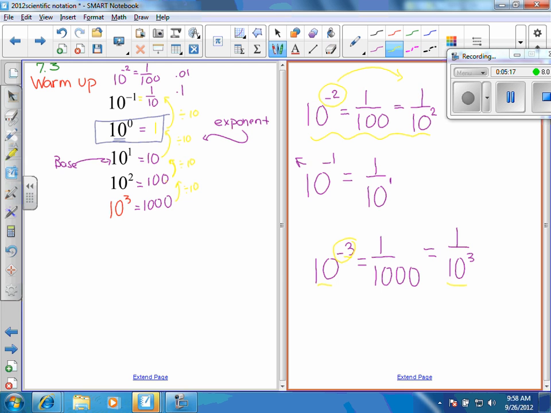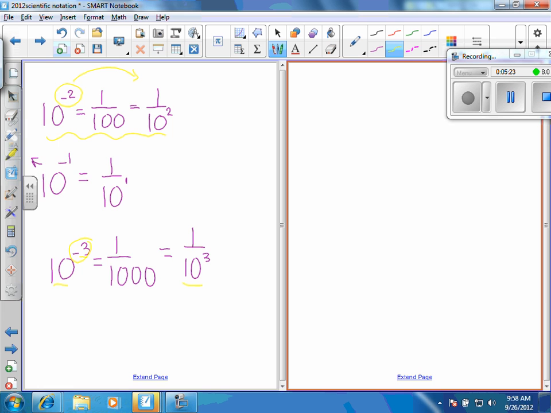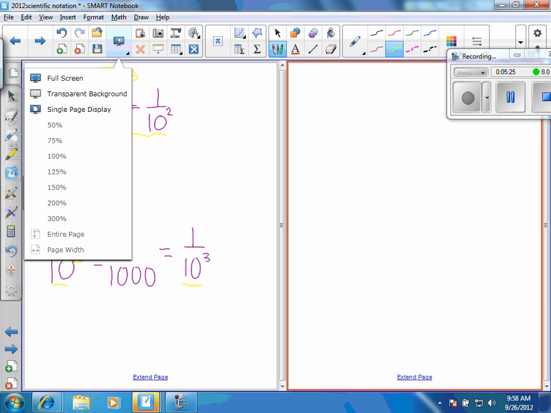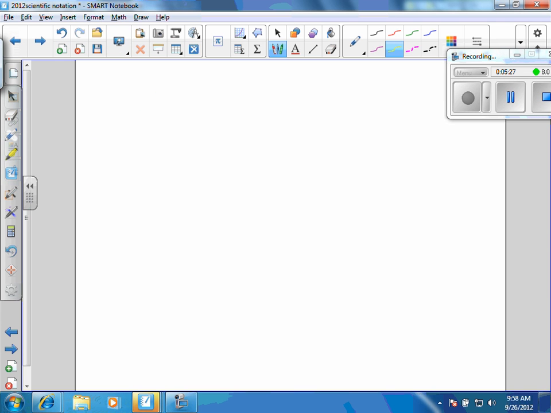Okay, so if we were going to write that rule algebraically, we'll just make a rule page here. The first rule that you're going to want in your notes, and I have plenty of examples, is how they write this in algebra form.